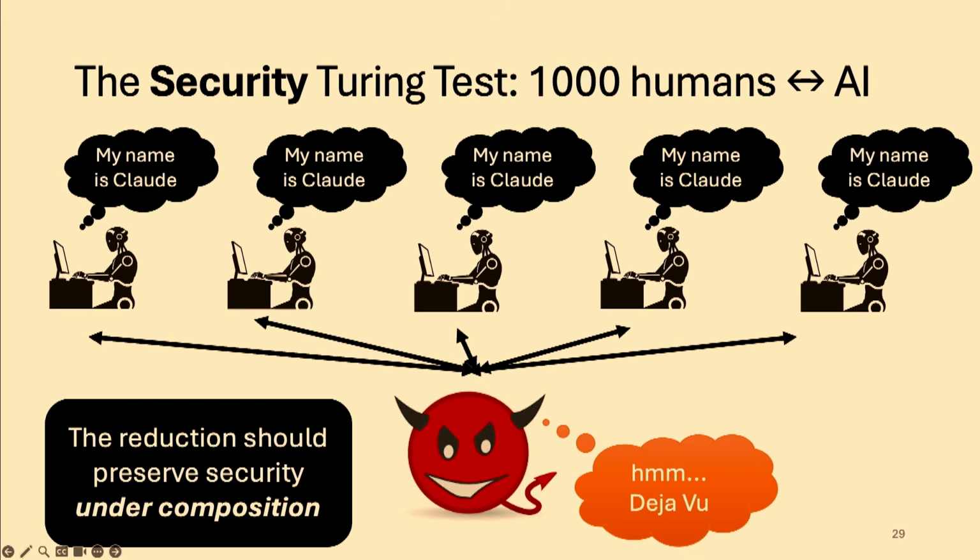From a formal perspective, we would say that we want a reduction that still preserves security under composition. The point is really that in practice, what we're doing today is taking all the people who were doing some work, like developing software, and replacing this entire population by a population of agents.